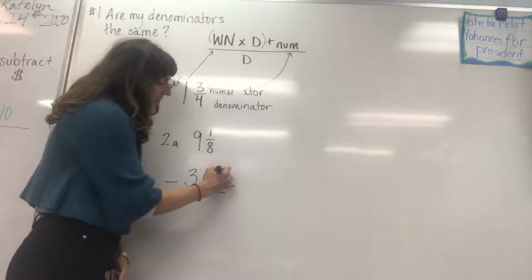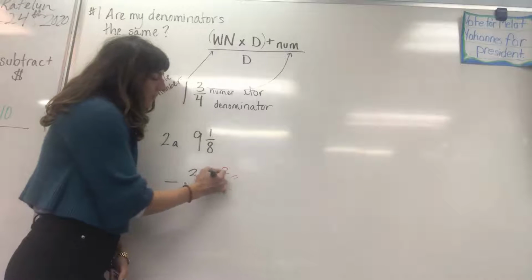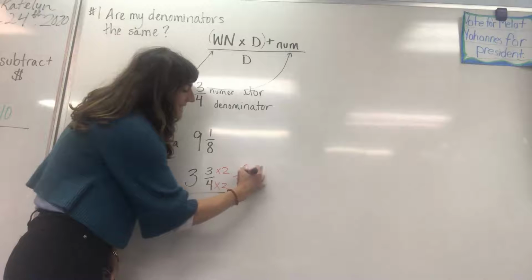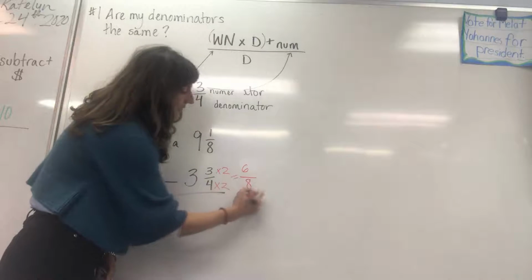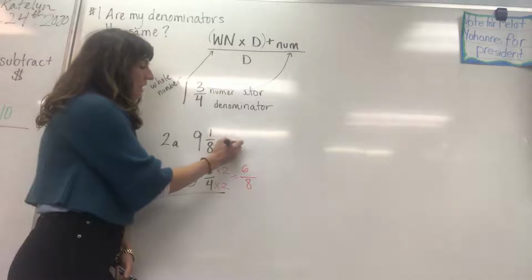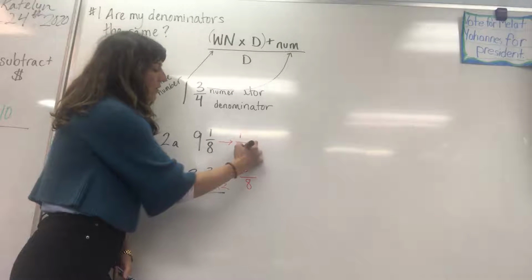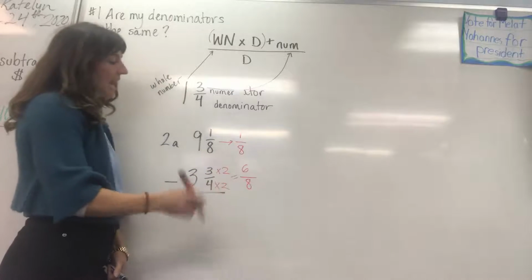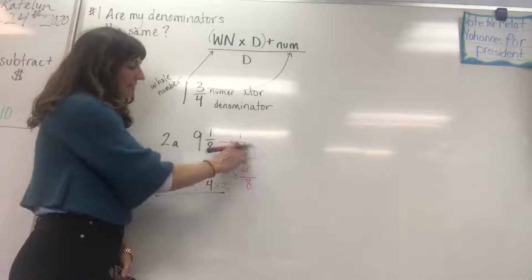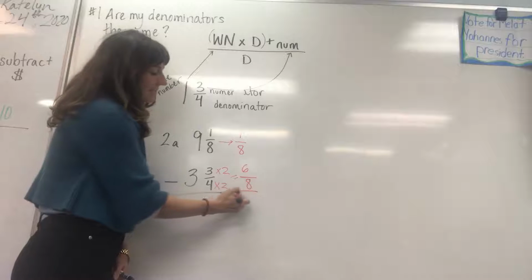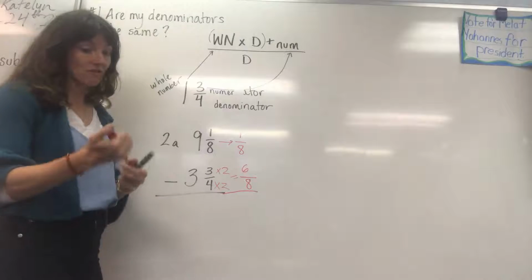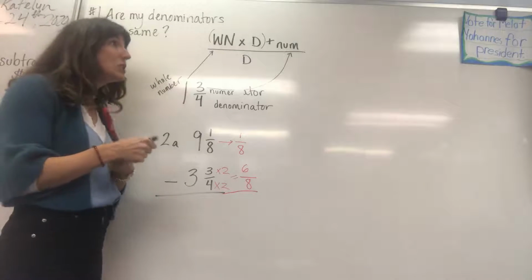Times 2, times 2. 3 times 2 equals 6. And 4 times 2 equals 8. And now I move this fraction over. 1 over 8. And now I have 9 and 1/8 minus 3 and 6/8. And so the second question that we asked ourselves yesterday was, do I need to borrow?